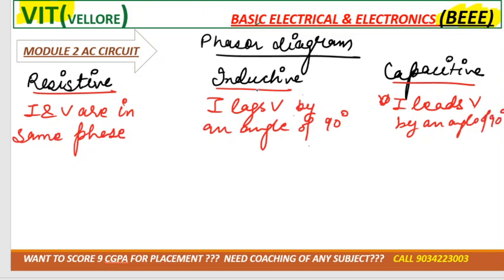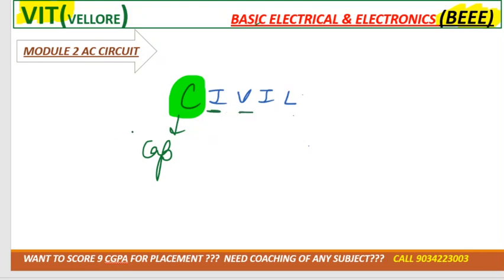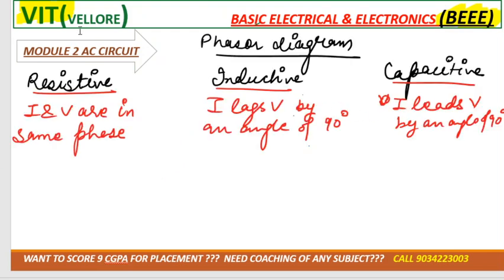Okay. See, how can you remember in which case it is lagging, it is leading? You must remember the word CIVIL. C stands for capacitor. In capacitor, current is first or voltage is first? That means current leads. And obviously in inductor, that is opposite, current is lagging.